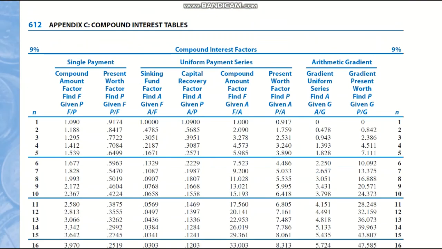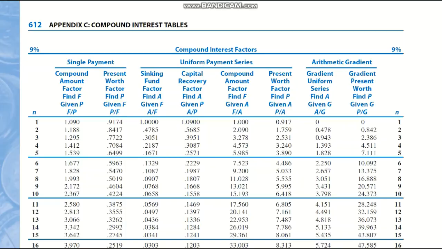In this book we will see a number of durations, the number of years, and which terms you want to use: F over P, P over F, or A over F, A over P, F over A, and P over A.